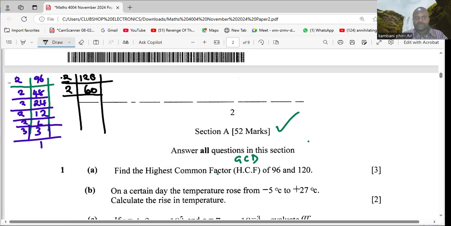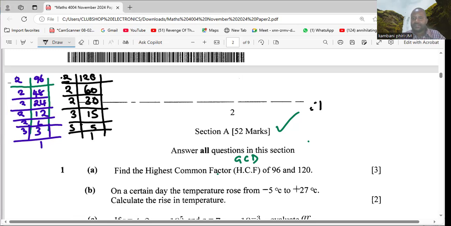Then 2 into 60 is 30. 2 into 30 is 15. Then we can bring 3. 3 into 15, that is 5. Then we bring 5. You get 1.